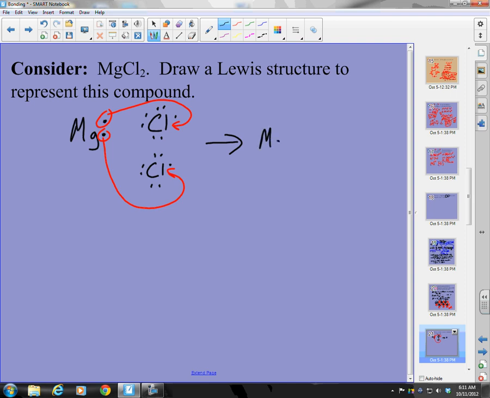Okay, so having said all that, what am I left with? I'm now left with magnesium, and it has no valence electrons because it's given them away, and it has a 2+ charge. And then what do I have for my chlorines? Well, I have 2 chlorines. Now they're called chlorides.